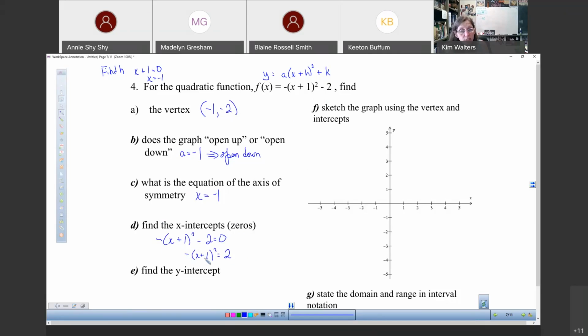Now I have to get rid of this negative, and so that's going to be x plus 1 squared is equal to -2. What happens when I try to take the square root of both sides? Well, I get an imaginary number. So does that mean that there are no x-intercepts?